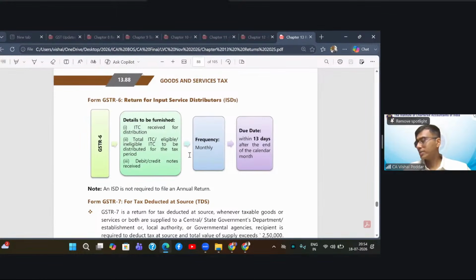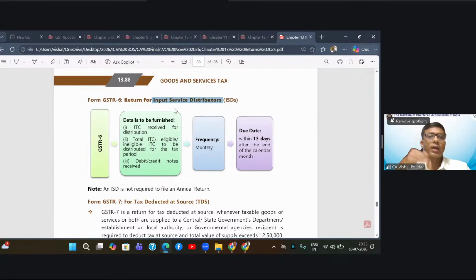Then comes GSTR 6. So GSTR 6 is the return of your head office or your corporate office which has taken this special registration of ISD. Now, we studied this in the ITC chapter that wherever you have a corporate office or head office which is receiving some inward supplies of input services which are common, common means they are used by multiple entities, multiple GSTINs of the same entity, then this ISD can do what?